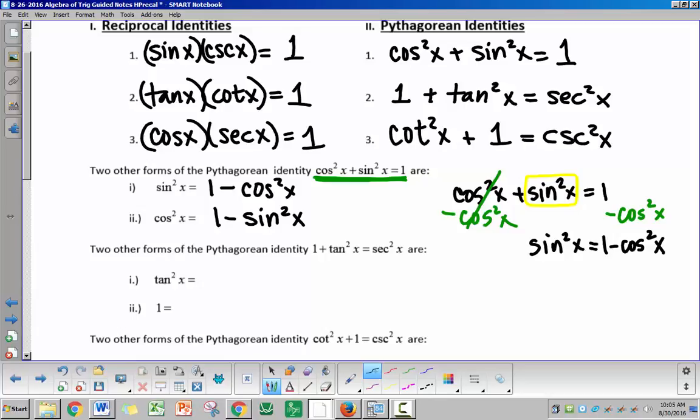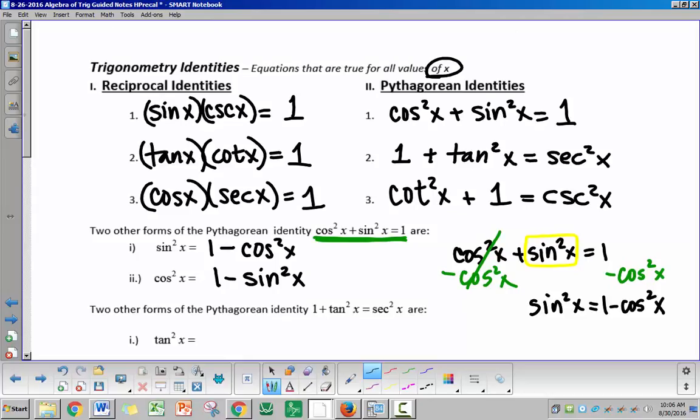I don't understand the reciprocal identities. Reciprocal identities up here. Yeah. Remember when we said sine of theta was equal to the opposite over the hypotenuse? And cosecant is what? The hypotenuse over the opposite, right? We defined cosecant to be the reciprocal of it.